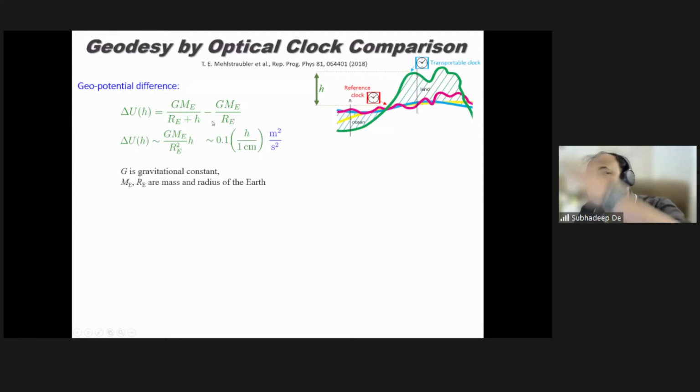If you go to a higher height, then it changes like that. So delta U, the change of the Newtonian potential, can be written by subtracting these two from each other. And if you do a little bit of math, delta U becomes G times ME divided by RE squared times H. If you put in these numbers for G, ME, and RE, then it can be simply written as 0.1 times H, where H is in centimeter units.